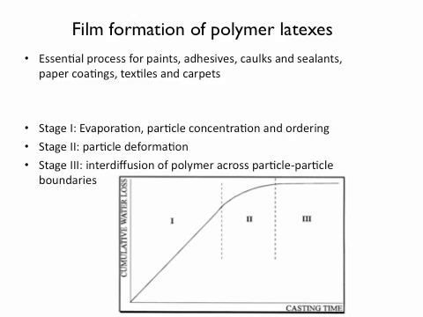So let's have a look at this. This is a video taken at BASF. So first you have evaporation of water, and you can clearly see that with these particles you get convective assembly.